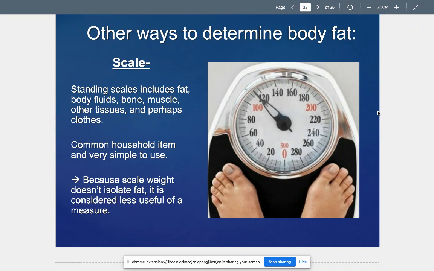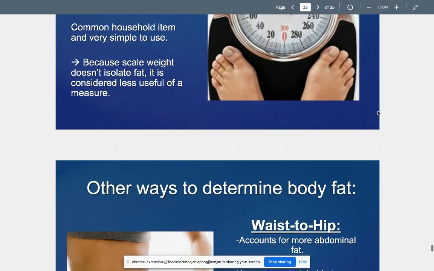Scale weight doesn't isolate fat. It's considered less useful of a measure because some people have thicker bones than others. That is a proven fact. But it does show your weight going up and down if you are stepping on the scale with fat decrease or increase. So something's moving.